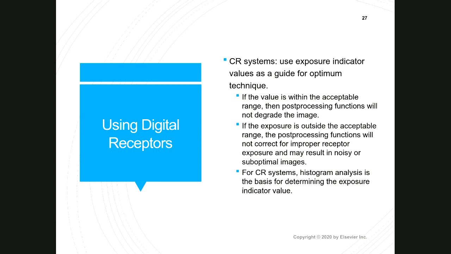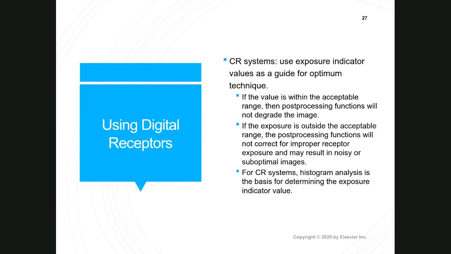But if the exposure is outside the acceptable range, then those post-processing functions are not going to correct for improper receptor exposure. And what can happen is you end up with a noisy image or a non-diagnostic image.